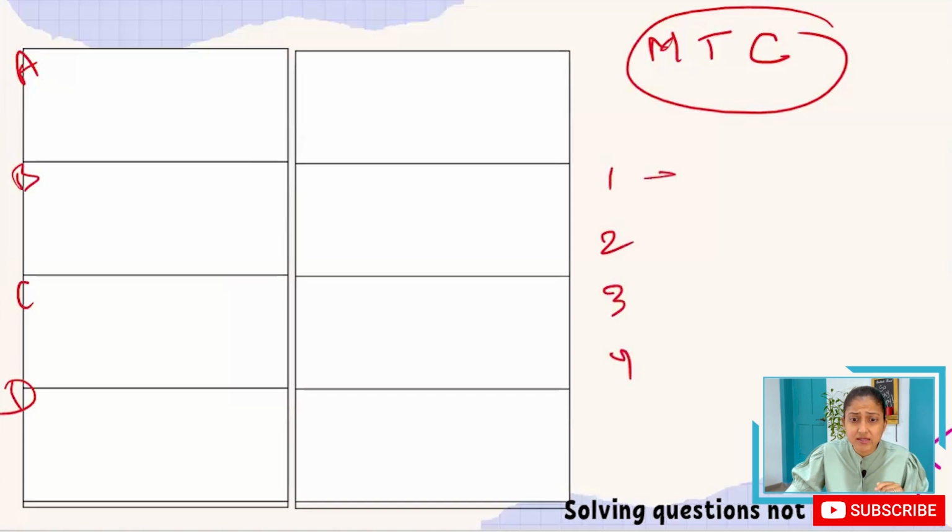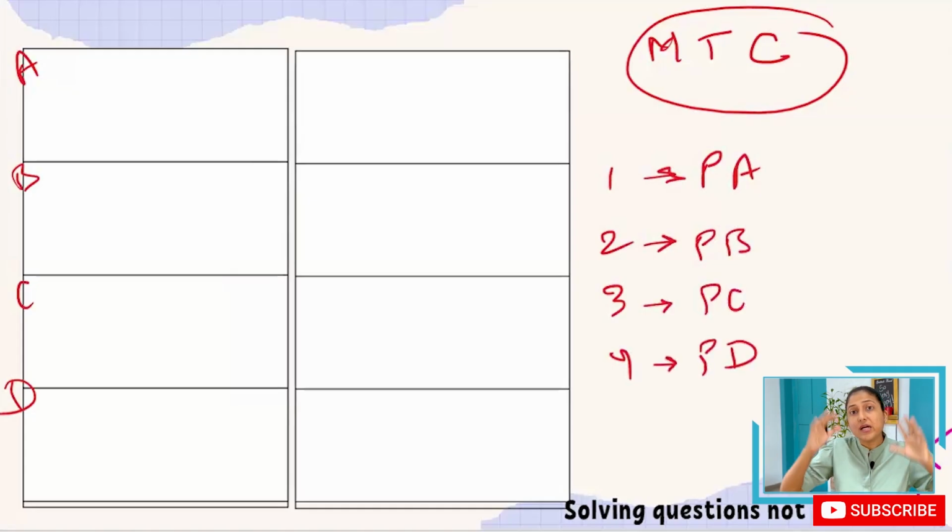Your question 1 is heading for paragraph A. Question 2 is heading for paragraph B. Heading for paragraph C is question 3. Likewise. Correct?